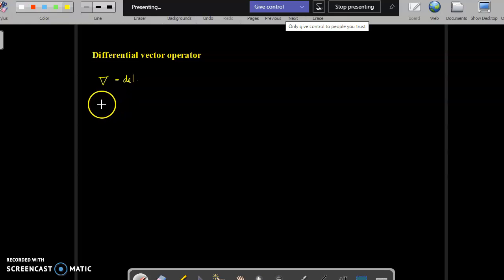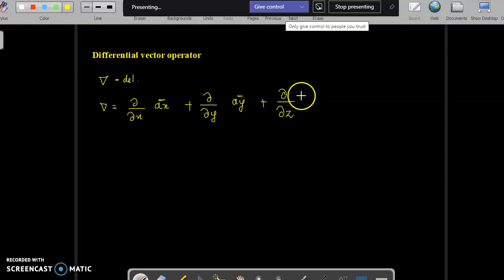We can represent del as the partial derivative of a function with respect to x, then we add the x-axis unit vector, plus the partial differentiation of the vector with respect to y, then the y-axis unit vector, plus partial differentiation of the vector with respect to z, then the z unit vector.